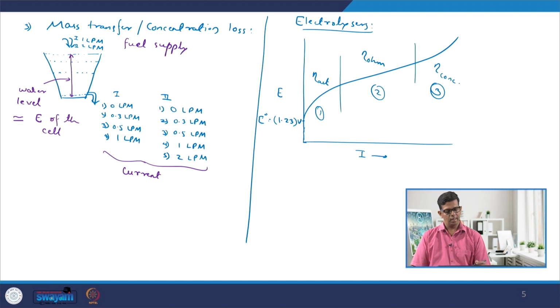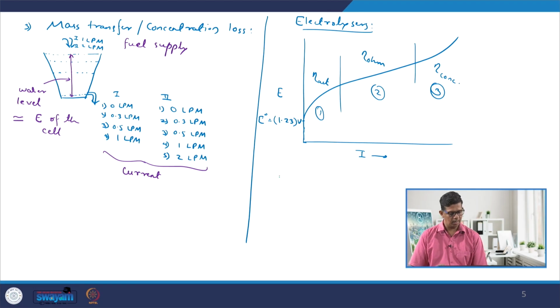These temperature and pressures facilitate that the minimum potential required to break the water will be lower than 1.23 volt, and that is how this electrolysis curve starts a little lower compared to 1.23, probably at 1.1 or 1.15 or 1.2 volt.